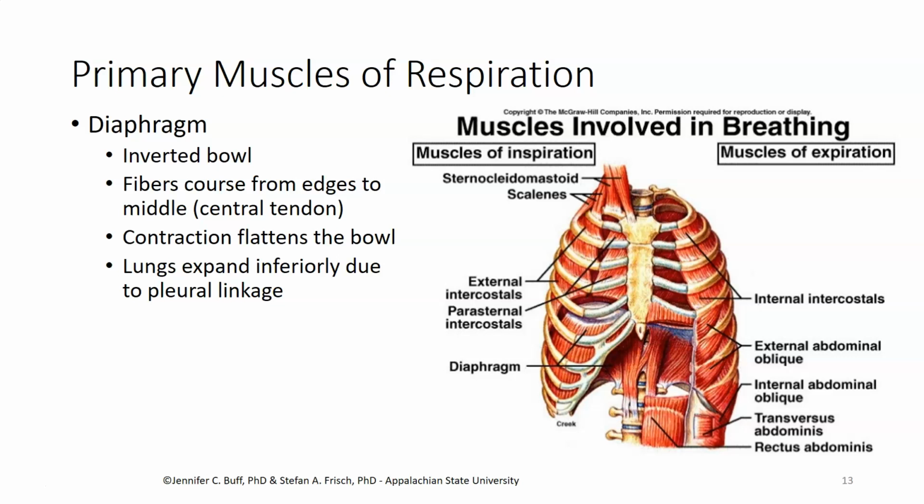Fibers of the diaphragm course from around the edges of the lower rib cage toward the center of the diaphragm and have an attachment to a large tendon called the central tendon. Contraction of these muscle fibers pulls that central tendon inferiorly toward the surrounding lower rib cage, and that effectively flattens out that bowl shape, expanding the lungs inferiorly then because of the pleural linkage.